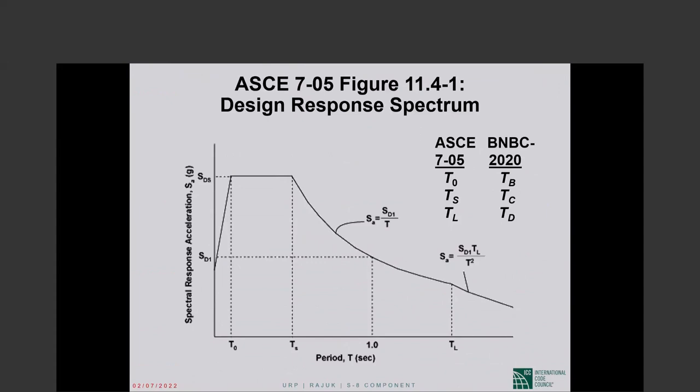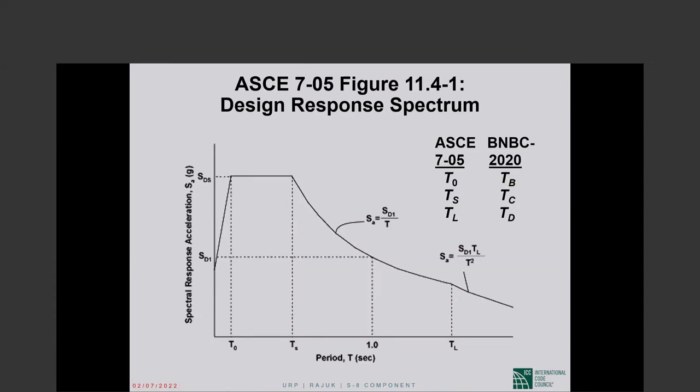So this is a direct, I don't know, call it comparison. What is T sub 0 of the ASCE 7 spectrum is T sub B in BNBC 2020.